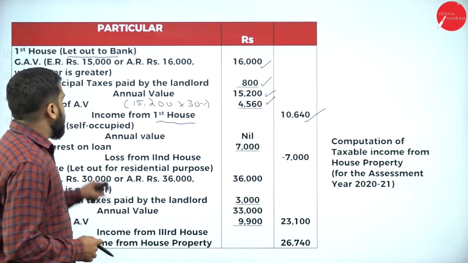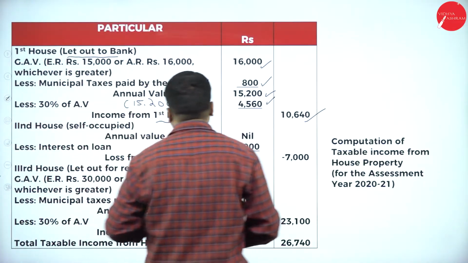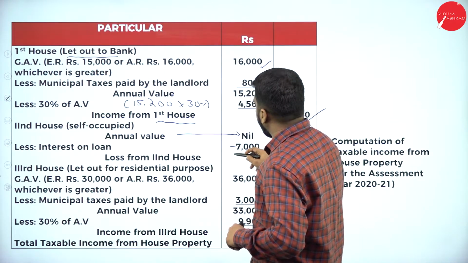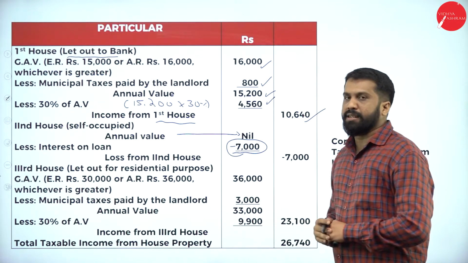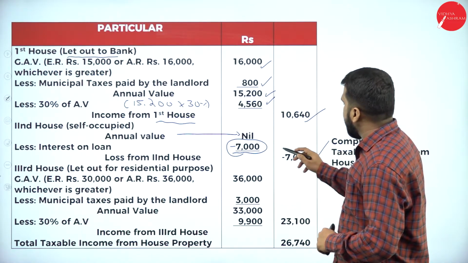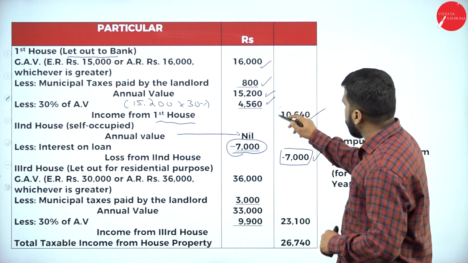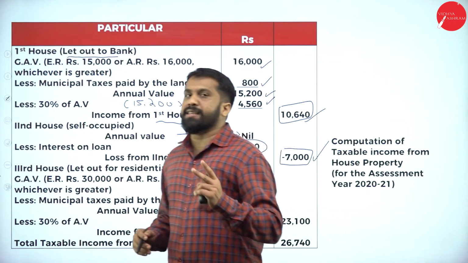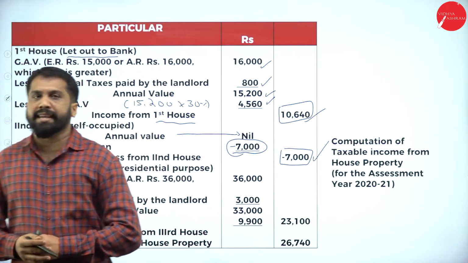See, the second house, annual value nil, and the interest part is 7,000. Now your final answer, loss from second house, 7,000. This is your house 2 or second house.